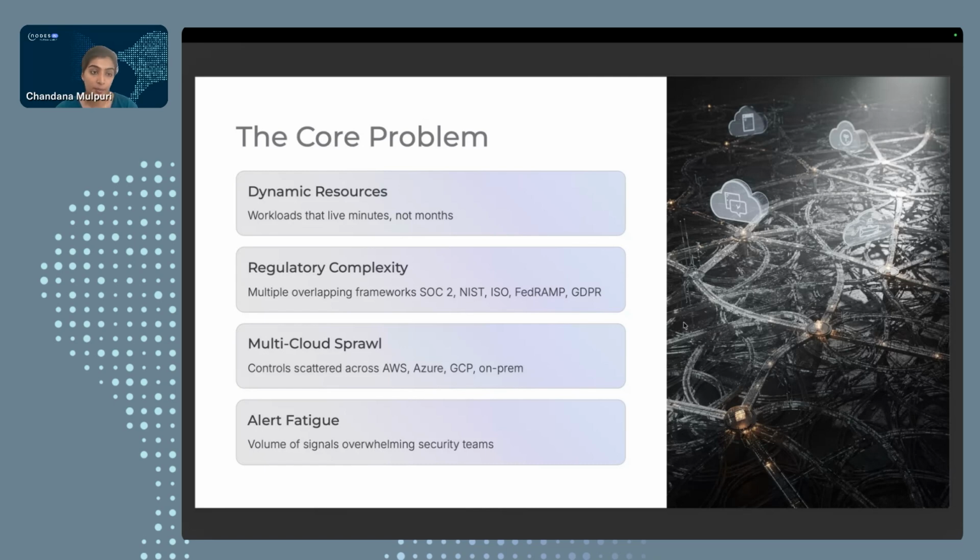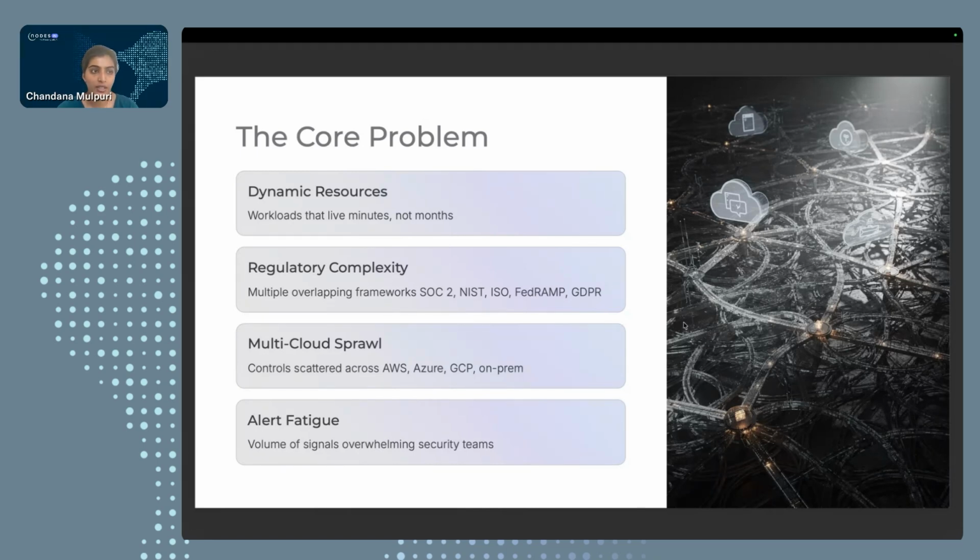The regulatory complexity is the next one, where multiple overlapping frameworks like SOC 2, NIST, ISO, FedRAMP, and GDPR come into place. And there is multi-cloud sprawl, where controls scatter across AWS, Azure, Google Cloud, IBM Cloud, etc. Because of this, we have alert fatigue.